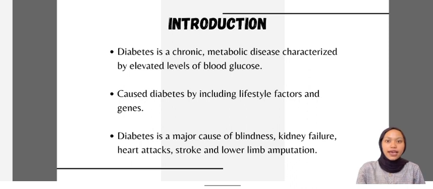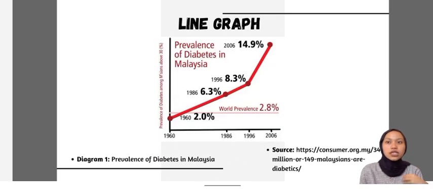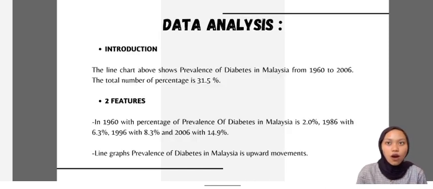Based on the slide, diagram 1 shows the prevalence of diabetes in Malaysia. So, the data analysis for the line graph. The introduction: the line chart above shows the prevalence of diabetes in Malaysia from 1960 to 2006. The total percentage is 31.5%.